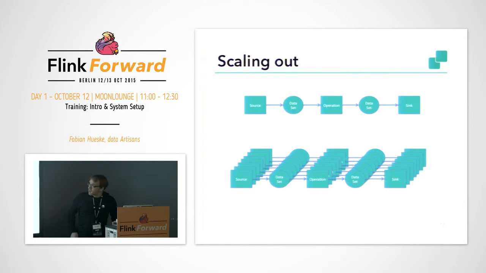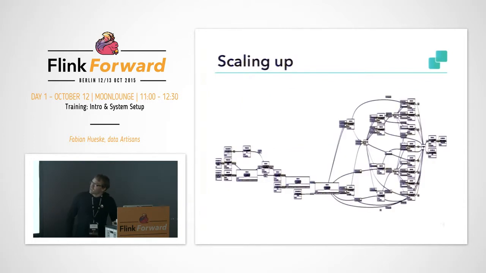But scaling also has another meaning, which is scaling up. You can build quite complex applications with Flink. It's a blurry image, but each of these small boxes is one operator, and you can plug very complex programs together.